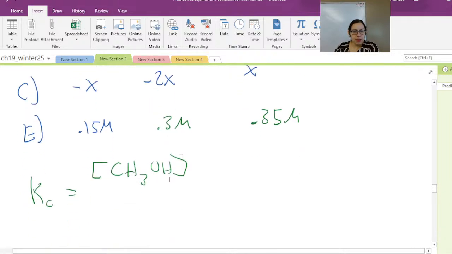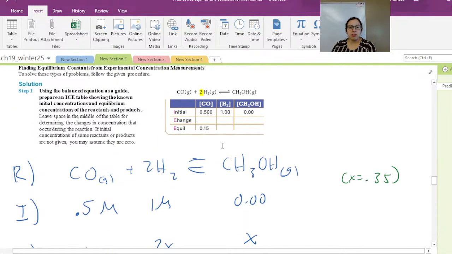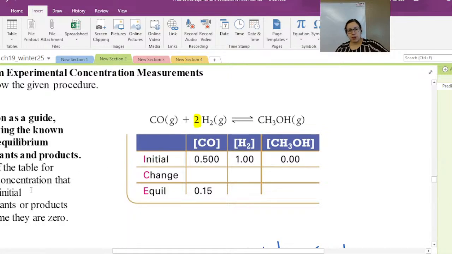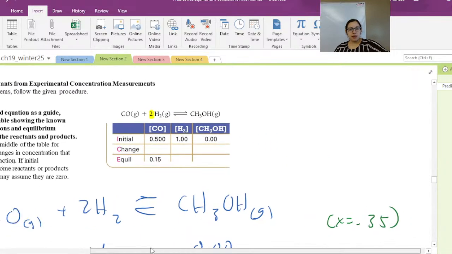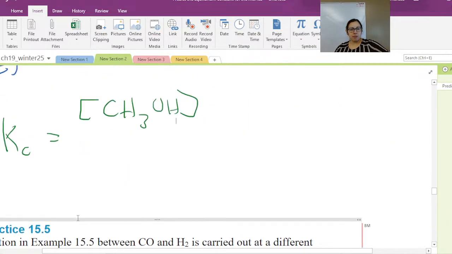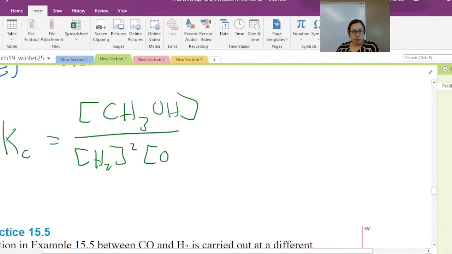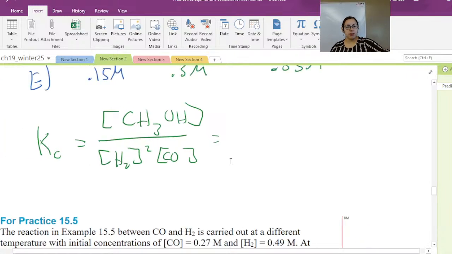And so then we can plug it in. So now I'm just taking our expression, writing it as Kc, just the generic form before I plug in numbers. And so now that's our expression.